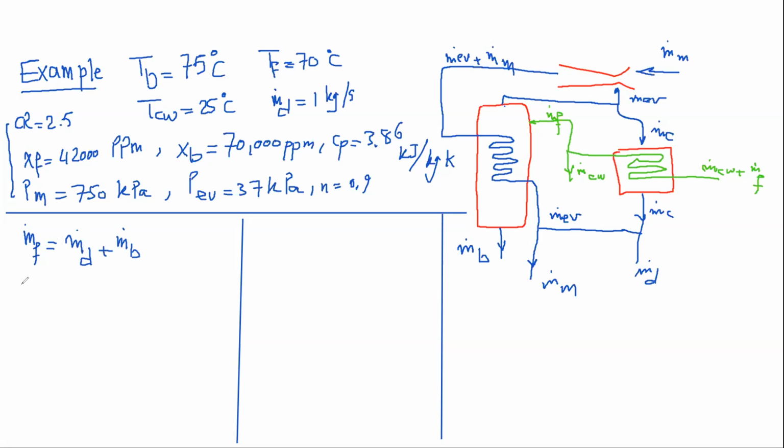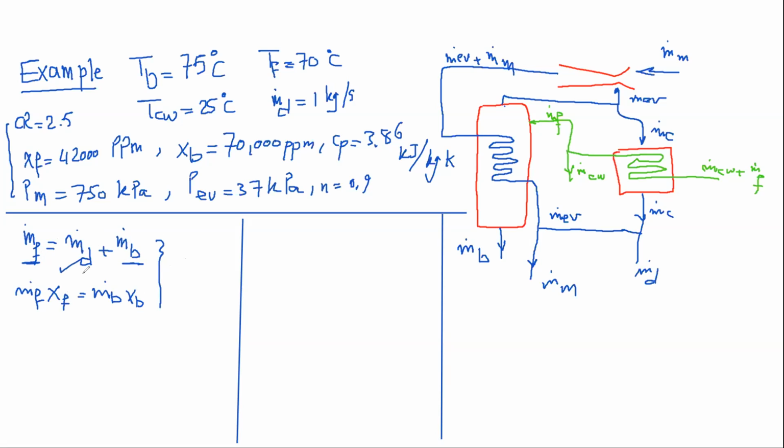The second equation is m dot feed times x feed equals m dot brine times x brine. Now we have two equations in how many unknowns? Two unknowns: m dot feed and m dot brine.